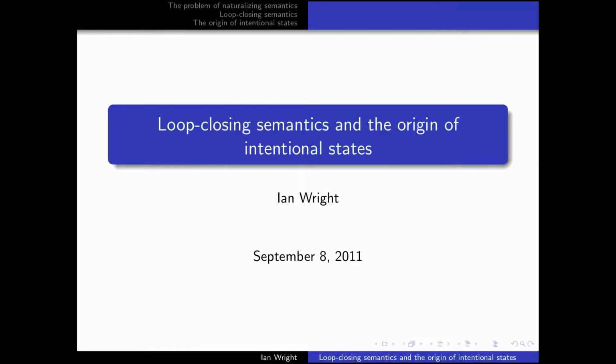The subject of my talk is Aaron's proposal of loop-closing semantics, and how it can explain the origin of intensional states. This is very recent work, and it's unfinished. So this is what I'll talk about.